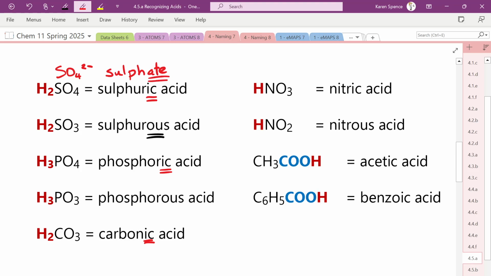What is the name of PO4 3-? Phosphate. And what is the name of CO3 2-? Carbonate.